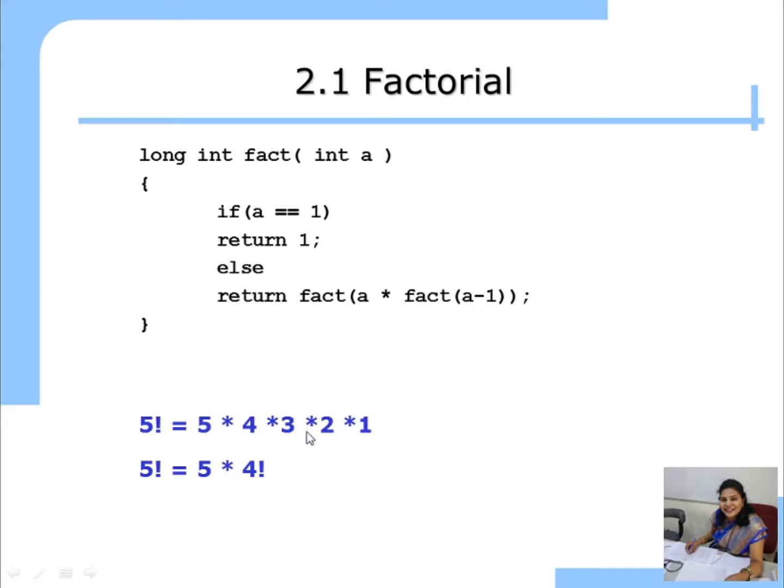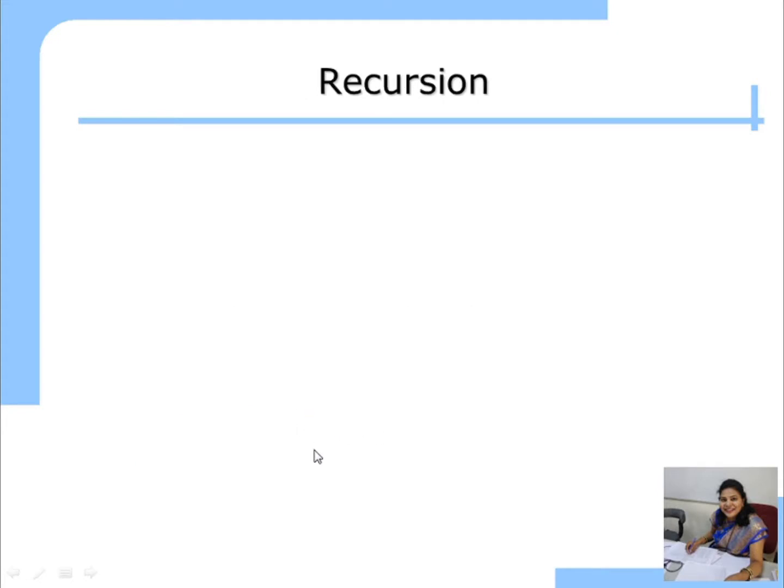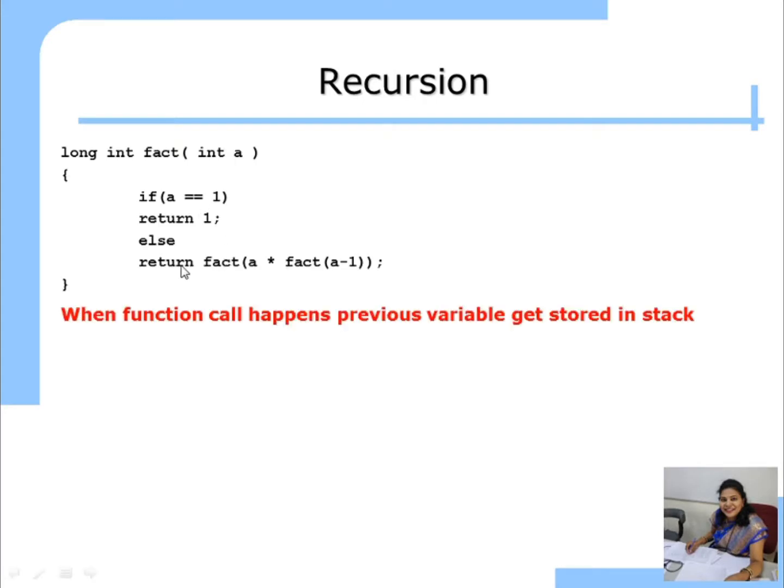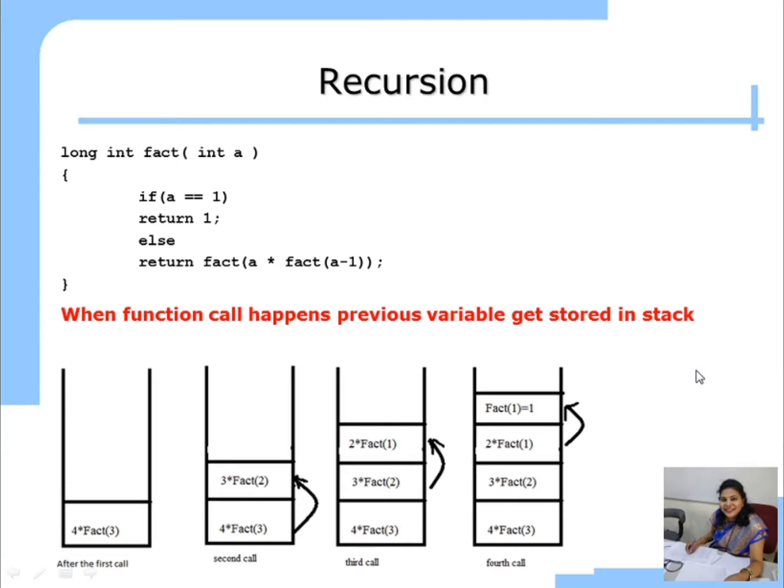Now we are going to see, in this function, how the stack is used in the recursion. So this is the factorial function. When a function call happens, the previous variable gets stored in the stack. If I want to calculate 4 factorial, the value I pass to a is 4. Is a equal to 1? No, it is 4.